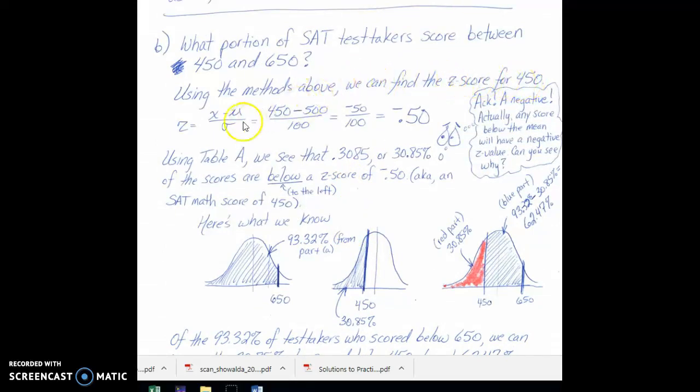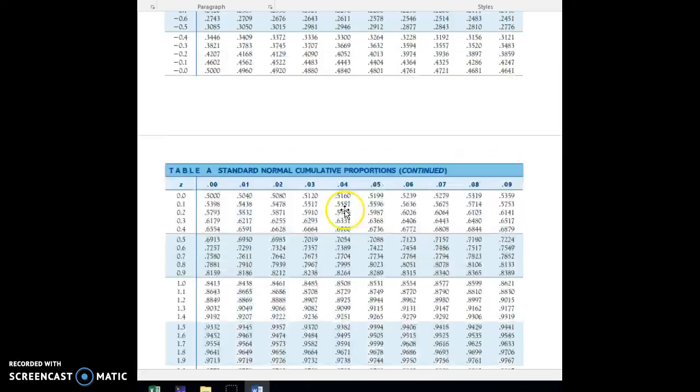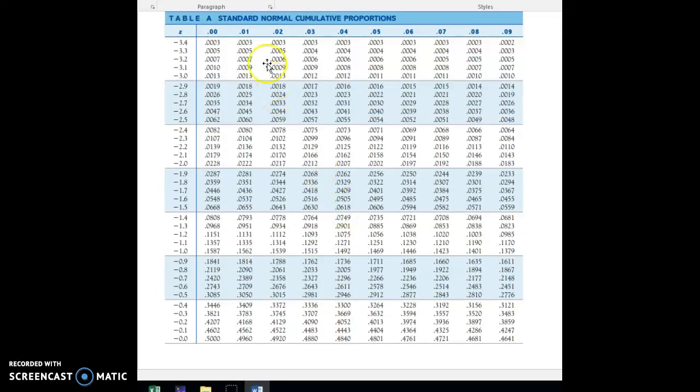So same as in part A, we're going to put that 450, convert it to a z-score. So we're half a standard deviation below the mean now. That negative means we're below the mean, and 0.50 is half a standard deviation. That's what we'll see right here. We look it up on Table A. Let's take a look. Negative 0.50. Going to have to go back up to the negatives here.